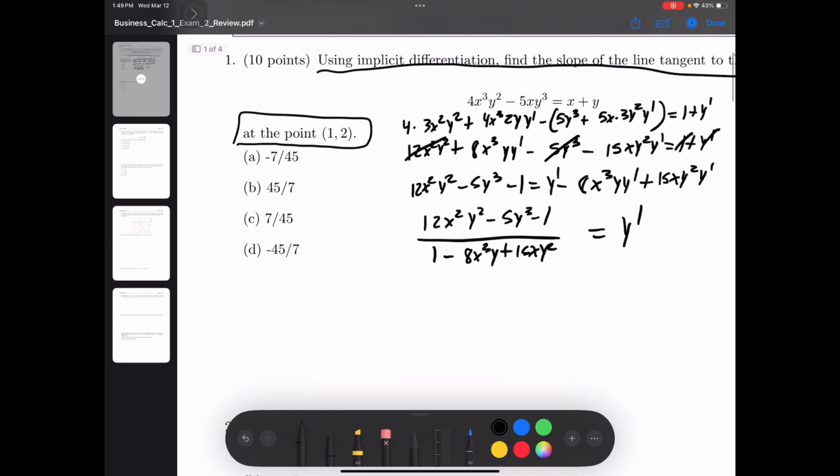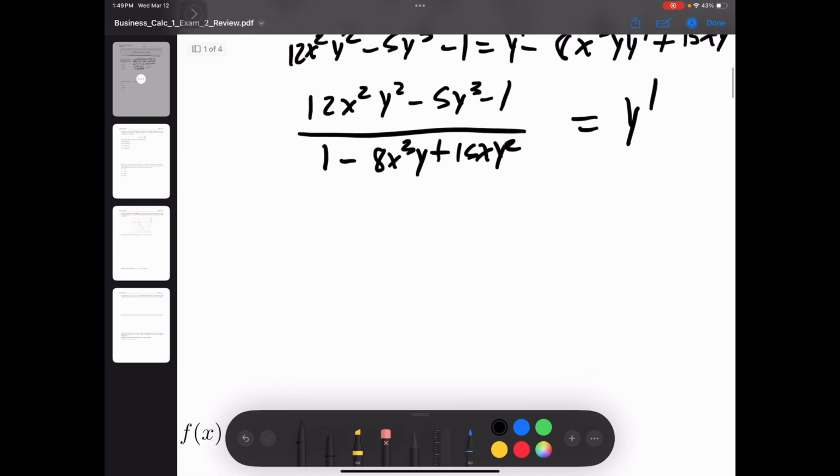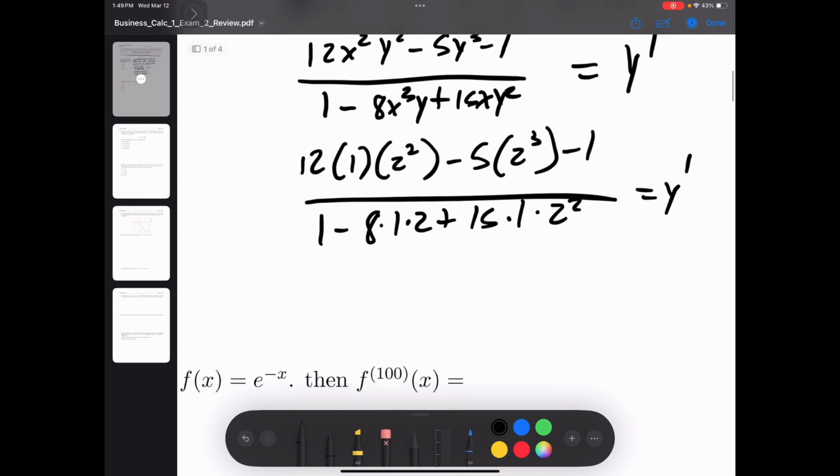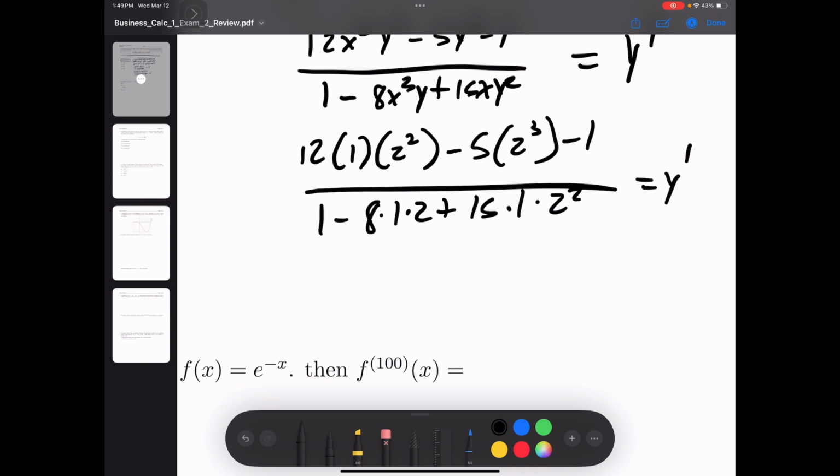Now we just need to plug in our point, x equals 1, y equals 2. So we have 12 times 1 times 2 squared minus 5 times 2 to the third minus 1 over 1 minus 8 times 1 times 2 plus 15 times 1 times 2 squared equals y prime. And now 12 times 4 is going to be 48 minus 5 times 8, which is 40, minus 1 across the top.